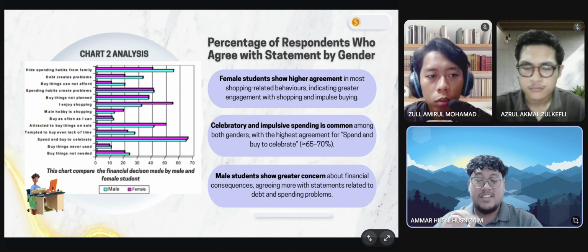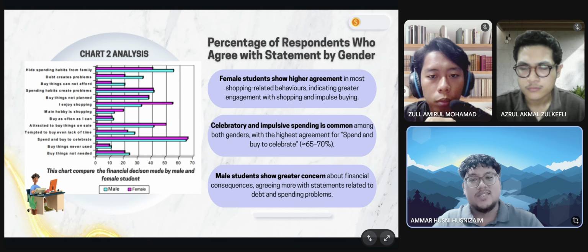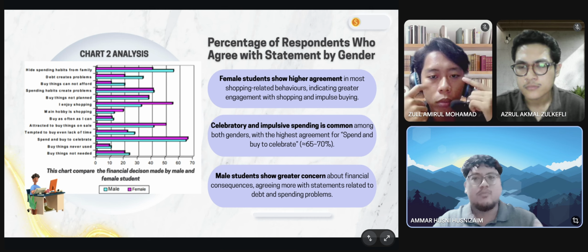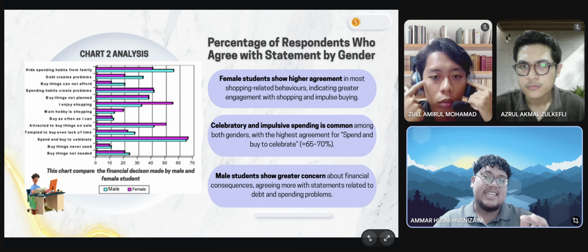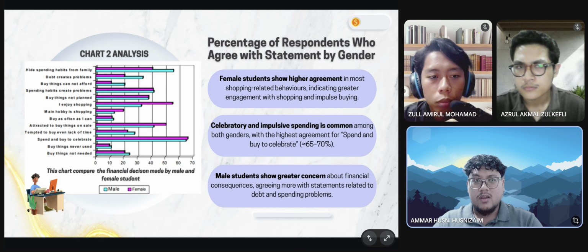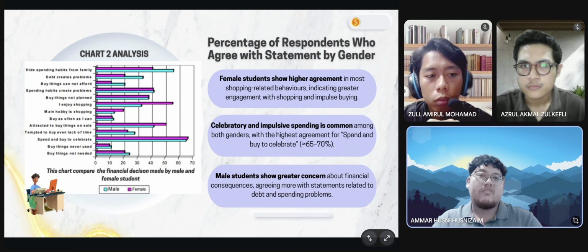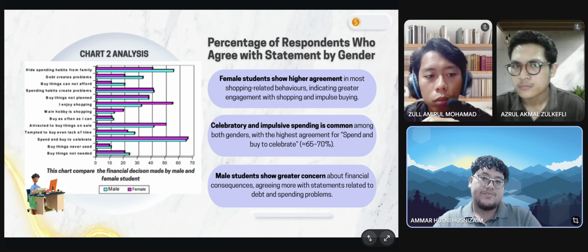students. In contrast, male students show higher agreement with statements related to financial consequences, such as "debt creates problems" or "spending habits create problems." This indicates that male respondents may be more aware of or more concerned about the negative effects of financial management.